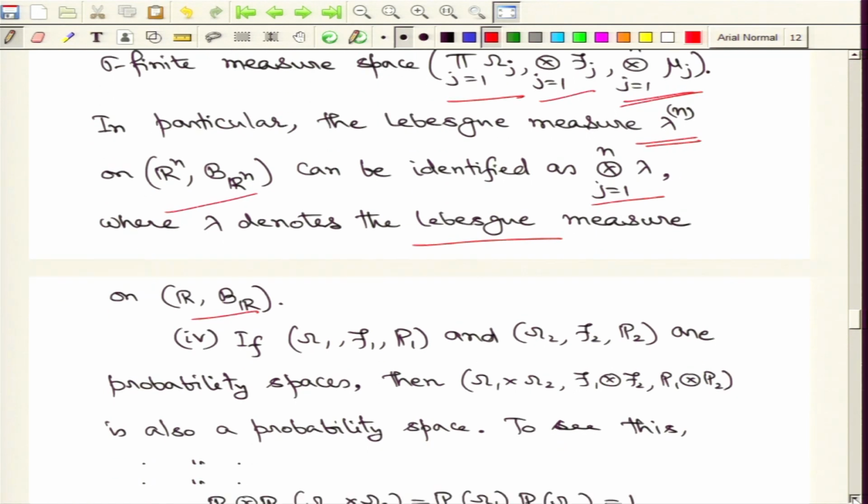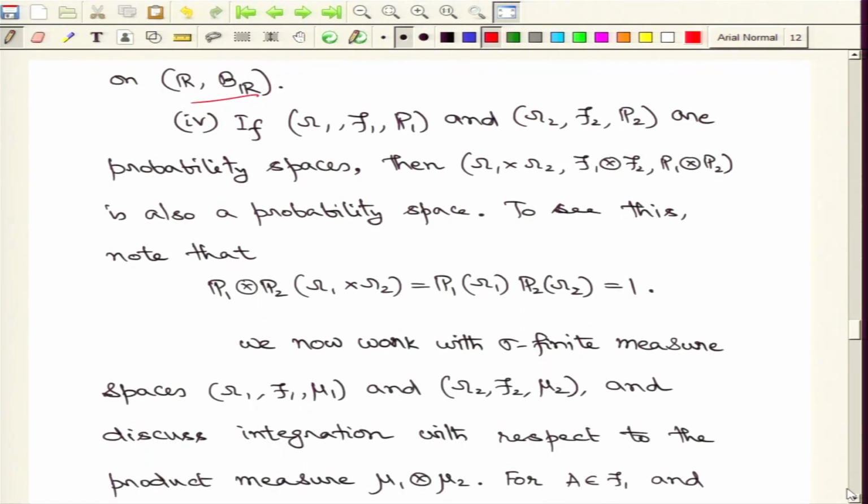Moreover, there is a very important property that we will be using in our follow up lectures. Remember we have so far been working with finite measure spaces or sigma finite measure spaces, but let us now restrict our attention to probability measures. If you start off with 2 probability spaces, you end up with the product type structure that we have just introduced. Here we claim that the product measure will be a probability measure, and therefore the product measure space must be a probability space.